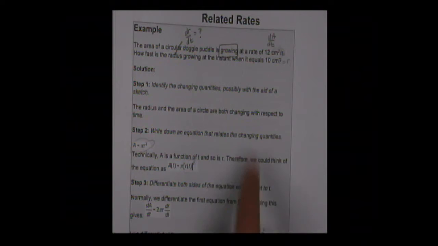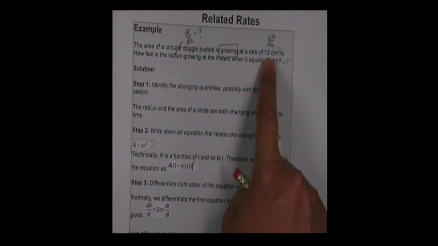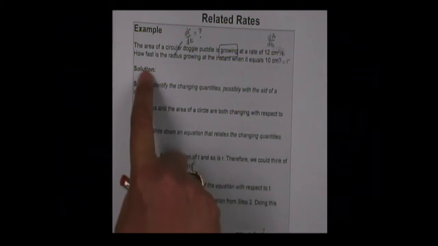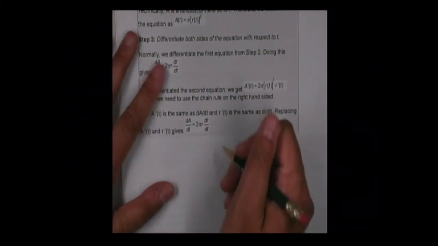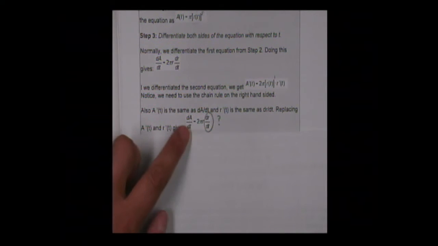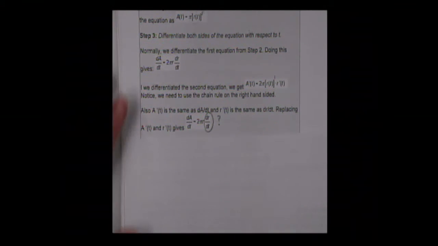Now we just put in what we know. Now if I go back to the question, I already identified that dA/dt is 12, and I know that r is 10, and I'm looking for dr/dt. So notice if I come down here, that's what I'm looking for, and I have the dA/dt, and I have the r.